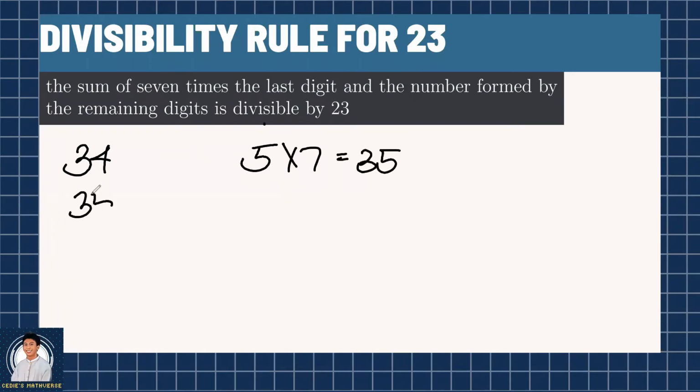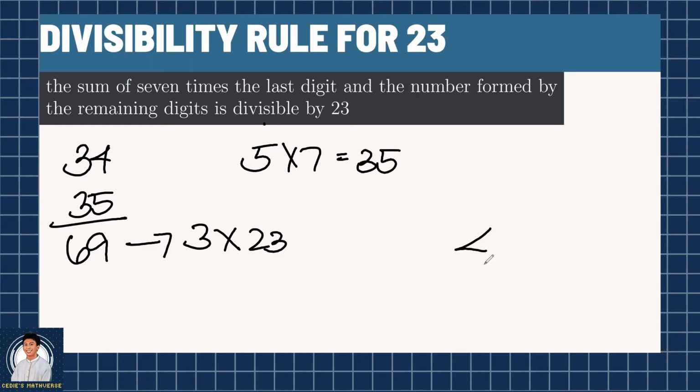Then 34 plus 35 equals 69, which is 3 times 23. And thus, we have proven that 345 is divisible by 23. For an added exercise, prove whether 420 is divisible by 23 or not.